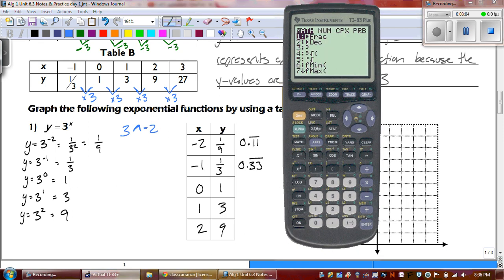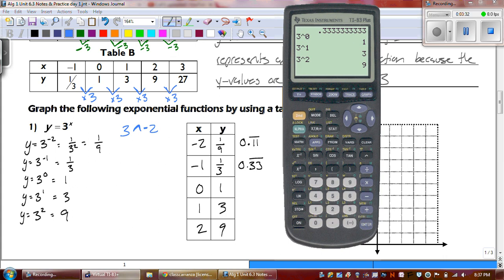If I want to see the fraction, I'll change it to a fraction. If I don't want the fraction and I want the decimal, I can change it to a decimal. But this would be another way to do this: 3 to the -1, and it tells you your answer. 3 to 0, 3 to the first, 3 to the second.